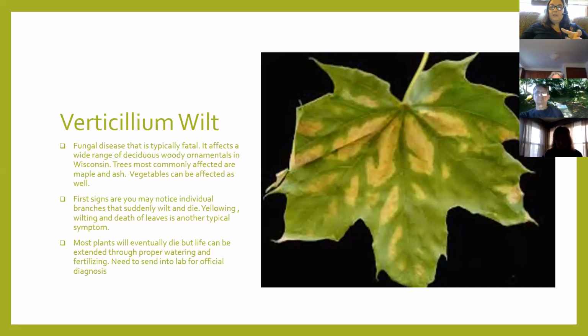Yellowing, wilting, and death of leaves is another typical symptom. You'll notice the yellowing starts in between the leaf veins, and it's very sudden. Most plants will eventually die, but you can prolong the life of that plant with proper watering and fertilizing. This is another one that you need to send into the lab for official diagnosis.